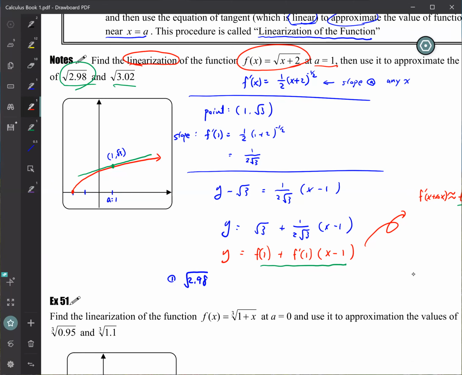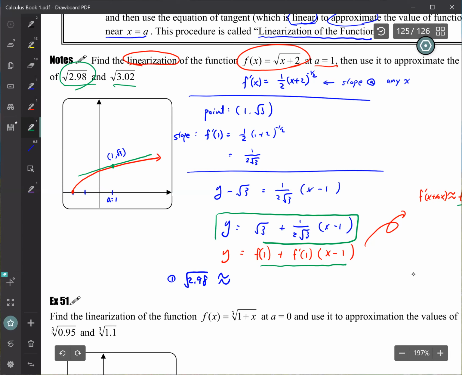Okay, so this one is close to f of, or okay, let's not use f, because f is the red one, the one that's linearized. This is the equation of the tangent, so I'm using the green. This one is called L of x.